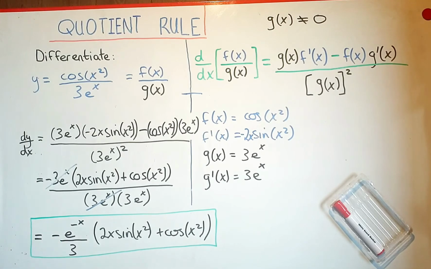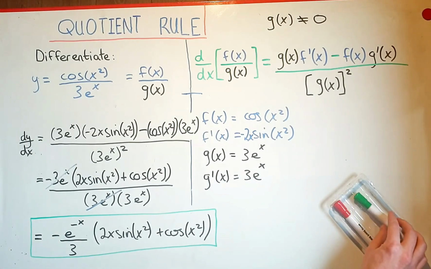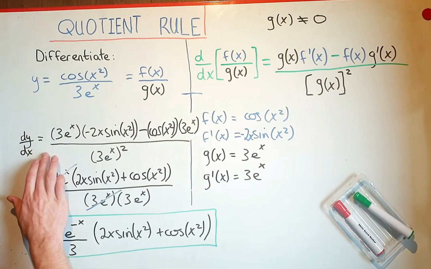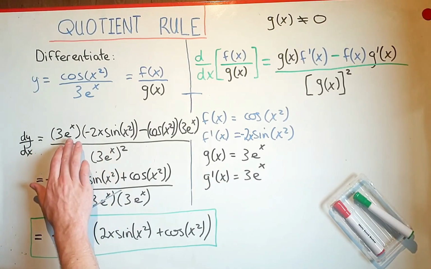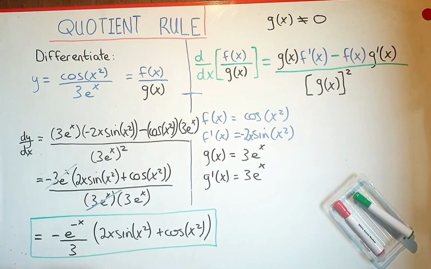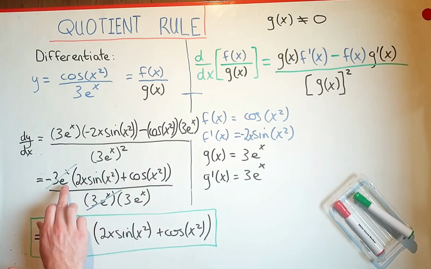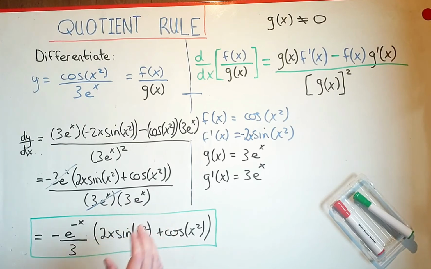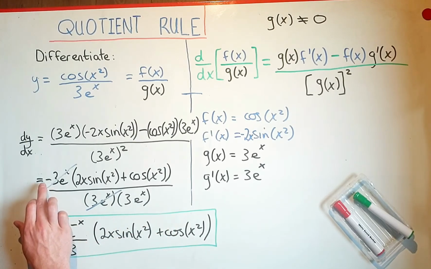And just a quick note on it. We had filled out the quotient rule in this line, this dy dx here, what we noticed was that there was a common factor, which was the 3e to the x, which we then took out to be in product with the rest of the expression. We noticed that there was the same factor in the denominator, so we could cross those two expressions out, and what that left us with was the minus here.